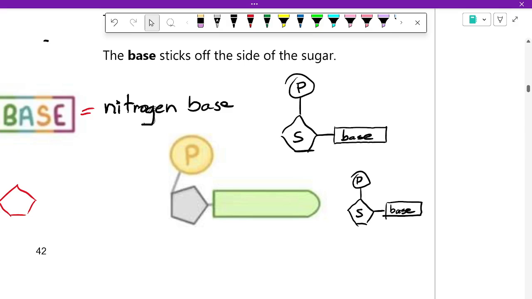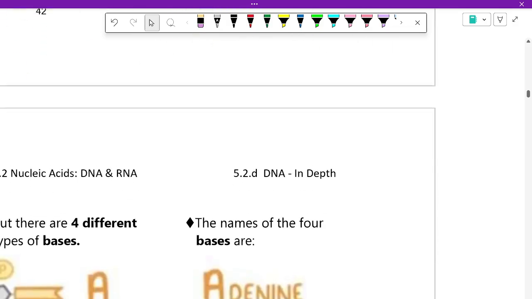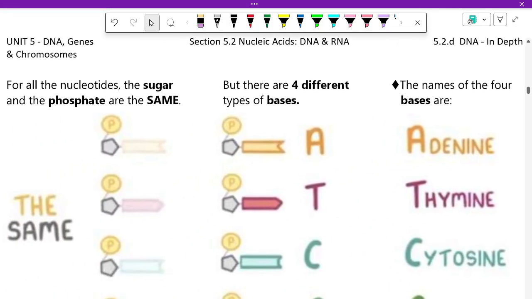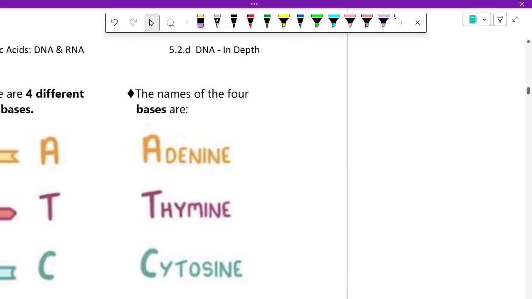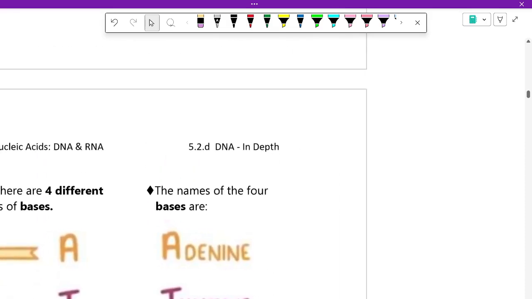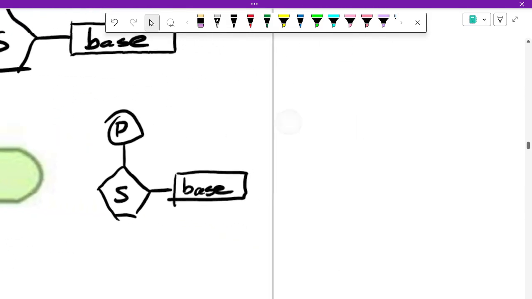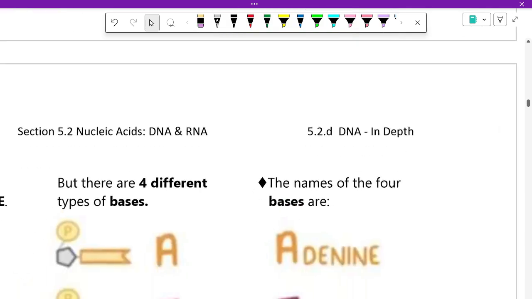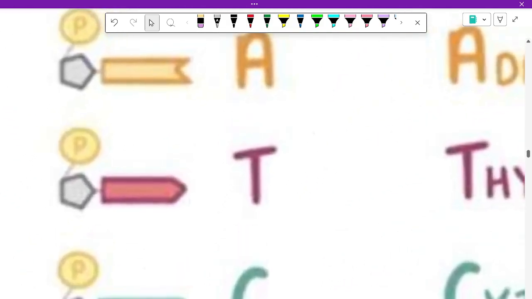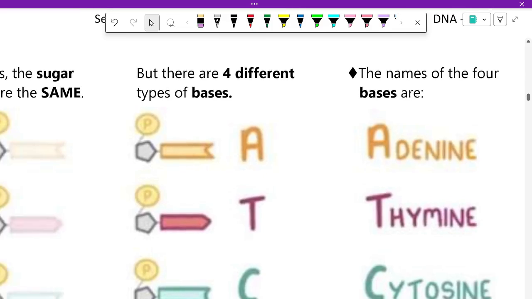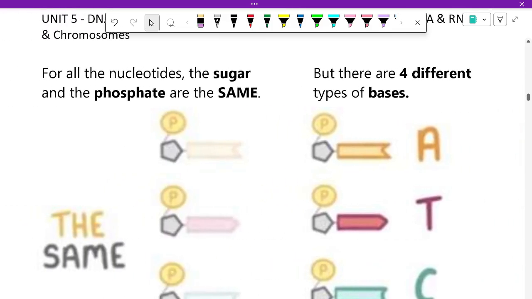All right. So now we have a nucleotide. You'll notice that we just drew a rectangle, but the bases are actually a little fancier. If you remember, there are 4 different types of bases. Do you remember the 4 letters?